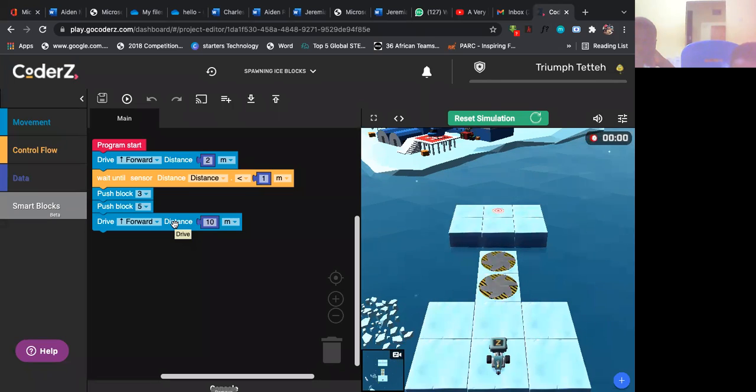What other way do you think we could have approached it? You said you move forward 2 meters and then wait. Then you push the block after the other one. Okay. And then, so what should the power be?